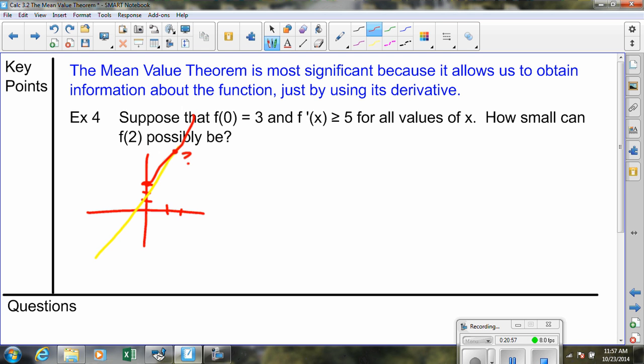In particular, you notice that the mean value theorem requires that we have a continuous function. We're not told that we have a polynomial. That's kind of been our go-to move so far. But we are told the derivative is greater than 5 for all values of x.